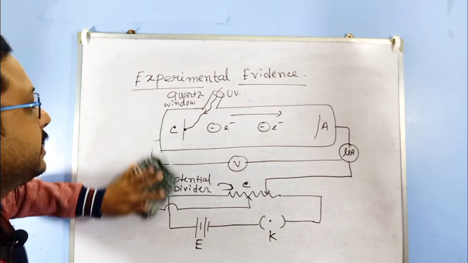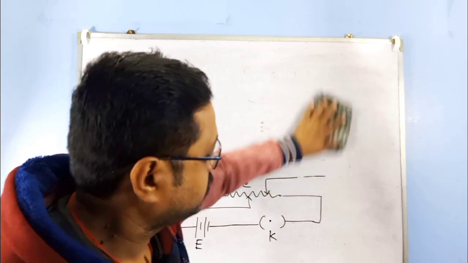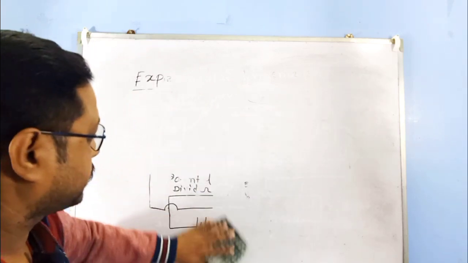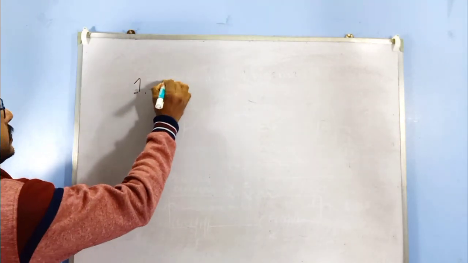Now we go to experimental evidences. At first, we go with the intensity of light.